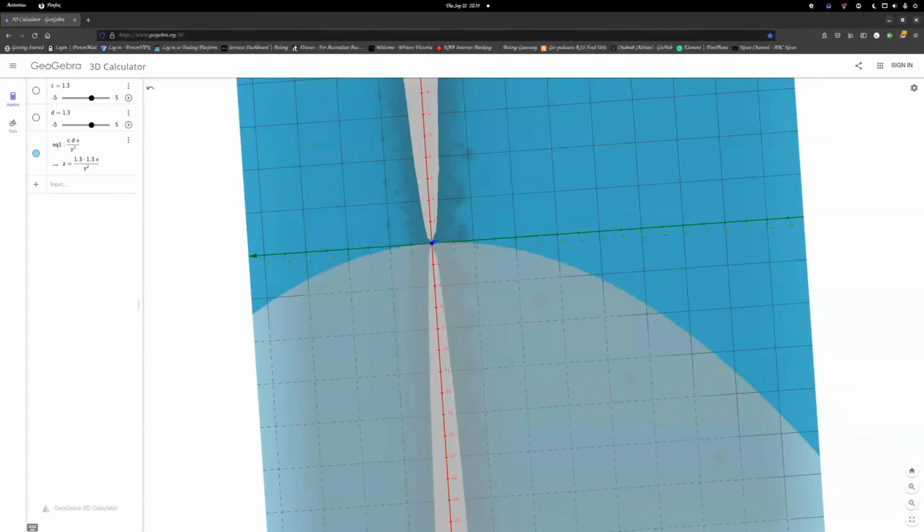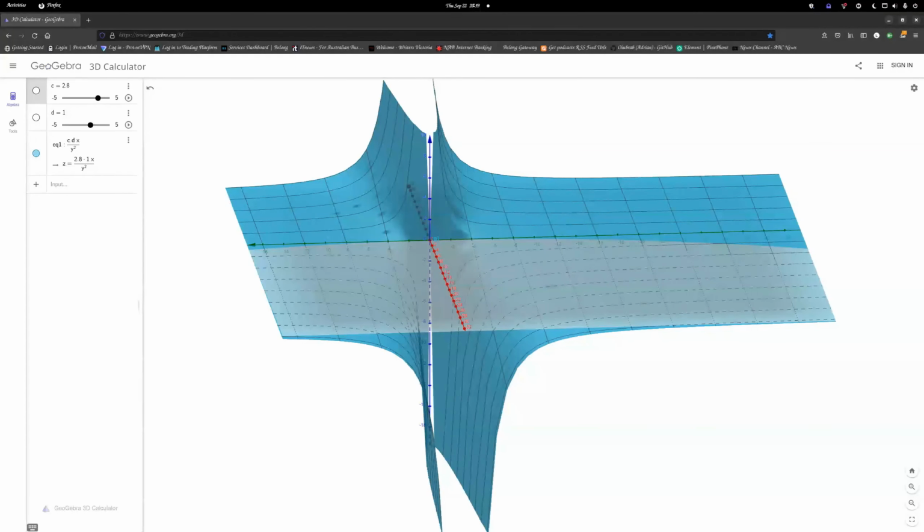Essentially, that means the two objects have collided.